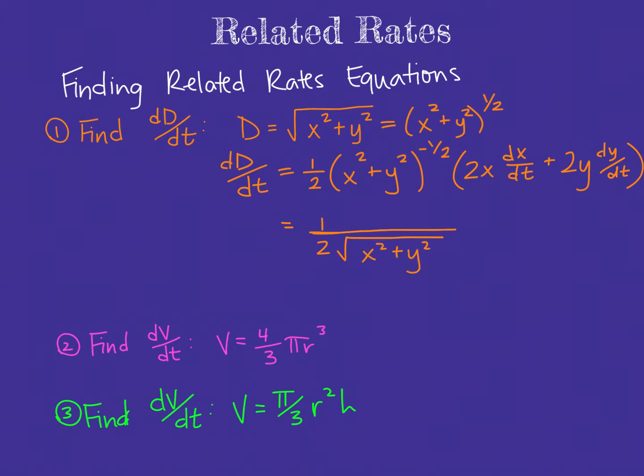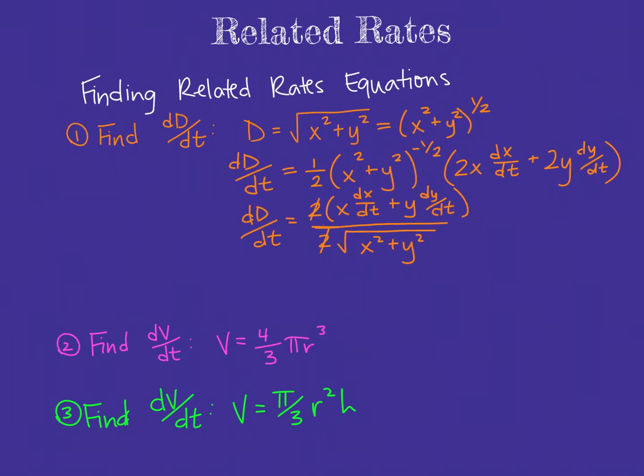And in the numerator, I'll erase the 1 since it's implied, and we have 2. I'll factor that 2 out from this term over here. We're left with x dx/dt plus y dy/dt, and I factored that 2 out because the 2's can ultimately cancel. So dd/dt is this right here.